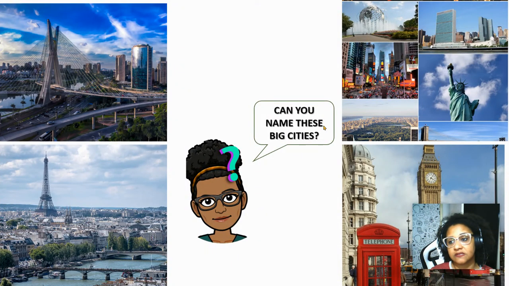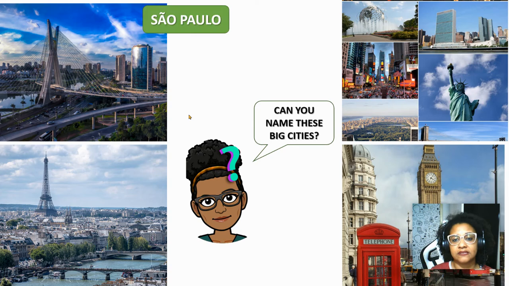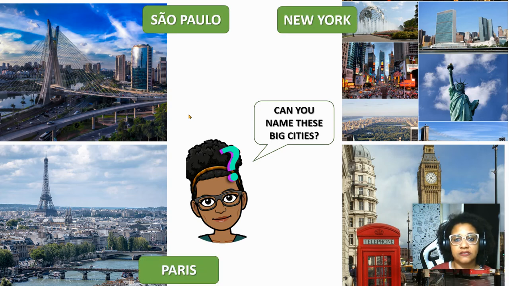So what places are these? Probably by the landmarks, they can tell that this is Sao Paulo, this is New York, this is Paris, and this is London.